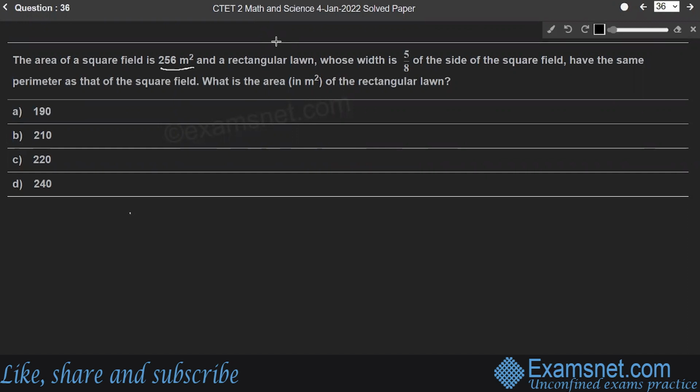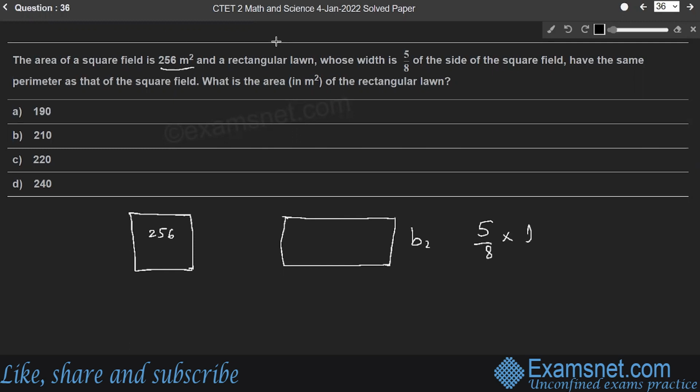So given that, let us consider a square field whose area is 256 meters square and a rectangular lawn whose width is, let B2 be width or breadth of the rectangular field, that is 5 by 8 times that of length of the square field, that is L1 is length of the square field, L2 is length of the rectangular. 5 by 8 into L1 becomes B2, that is breadth of the rectangular lawn, right?